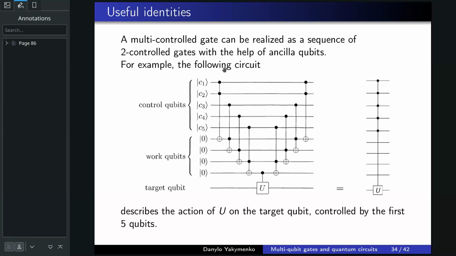As we can see here, in this circuit, there are only two controlled operations, only a sequence of CCNOT gates and a singly controlled U. And again, we can use the previous results to conclude that multiply controlled operations can be expressed as a combination of usual CNOT gates and single qubit gates.